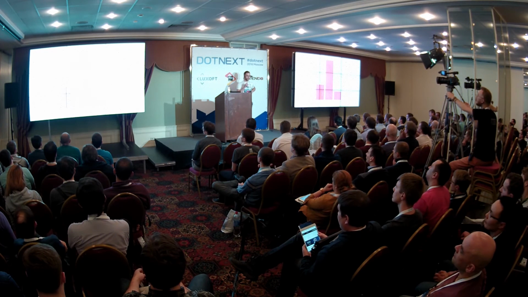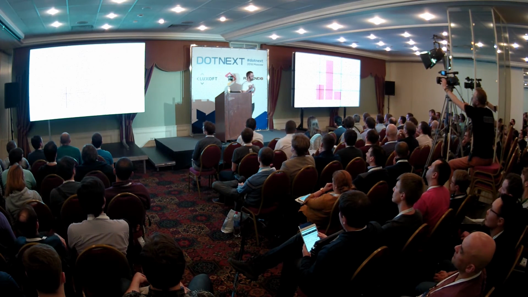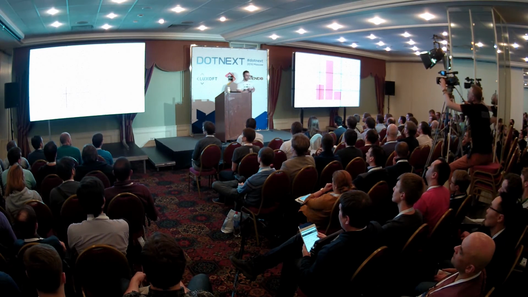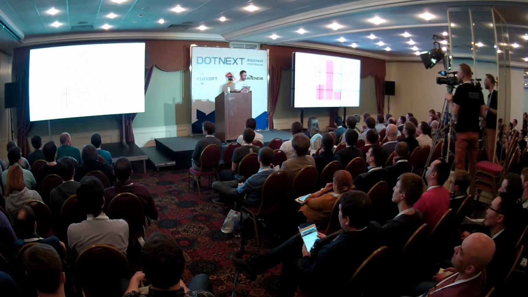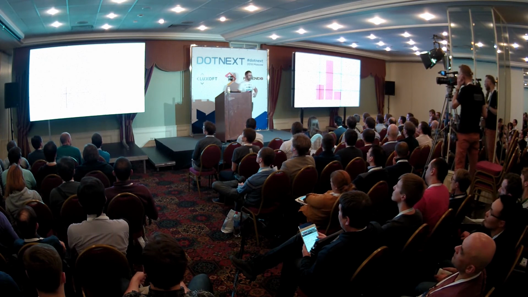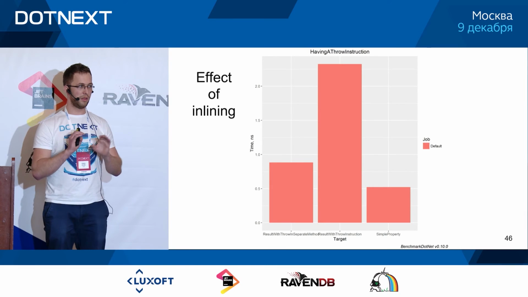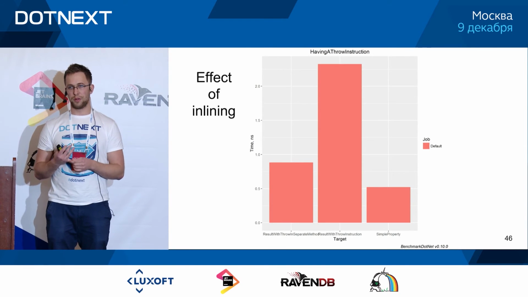The reason is that, yes, stack call, because a stack call is needed when a method is not inlined. So if you have any exception handling blocks inside your code, it's not inlined. And it's a problem for small methods.